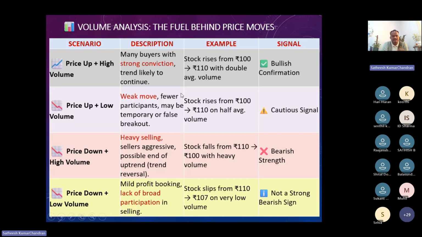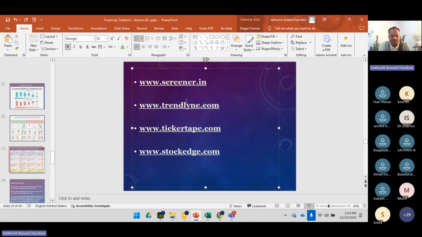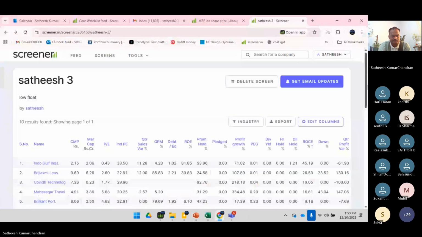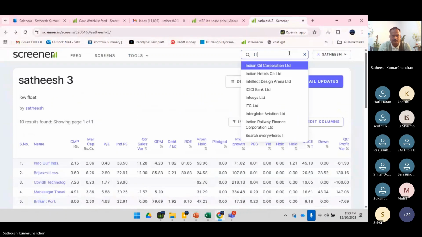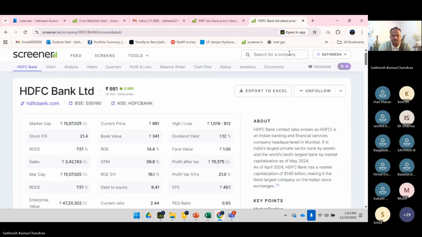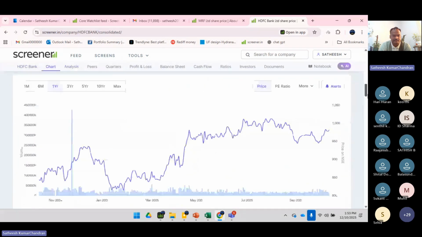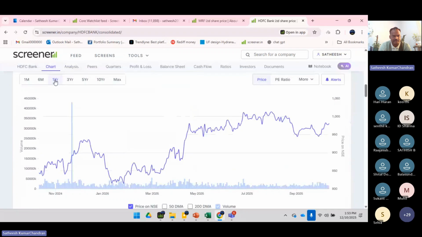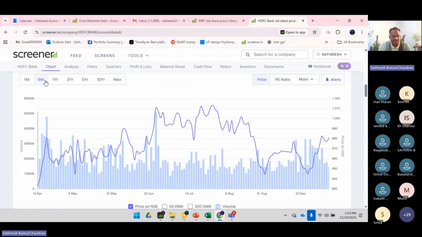The critical part of technical analysis is volume. Price up plus high volume. We have seen in the chart typically, and I will show it, but before that, we will see HDFC Bank for the last 1 year or 6 months.